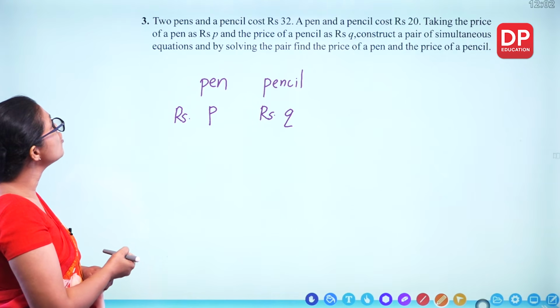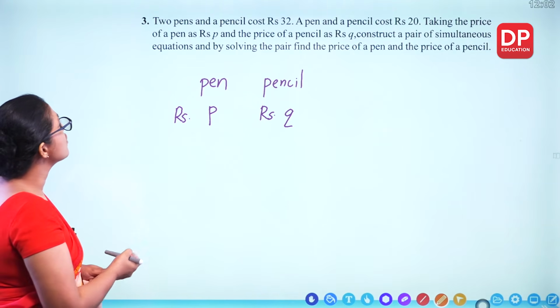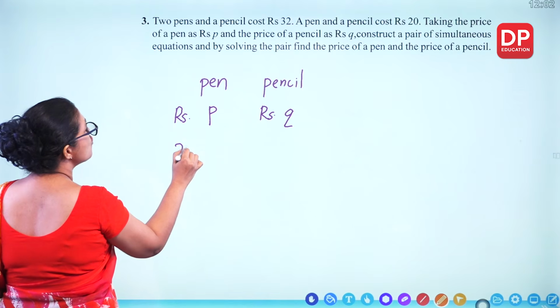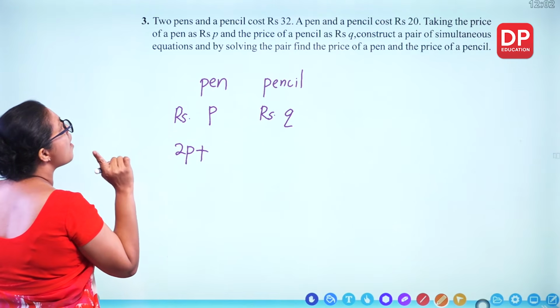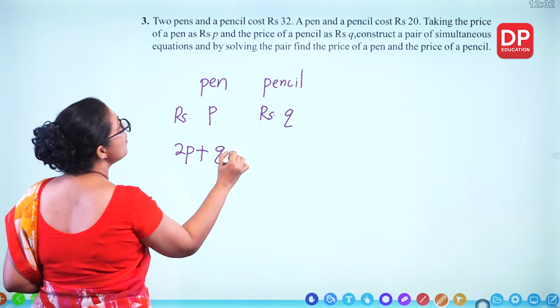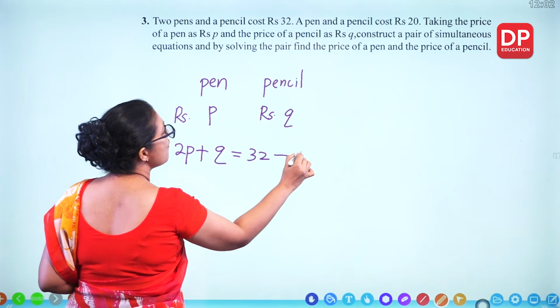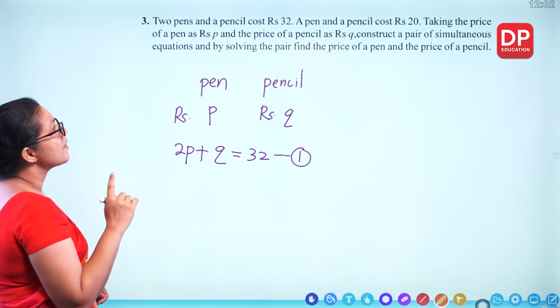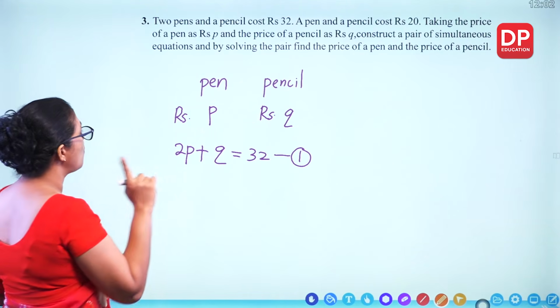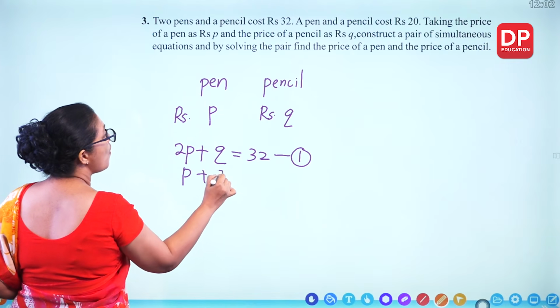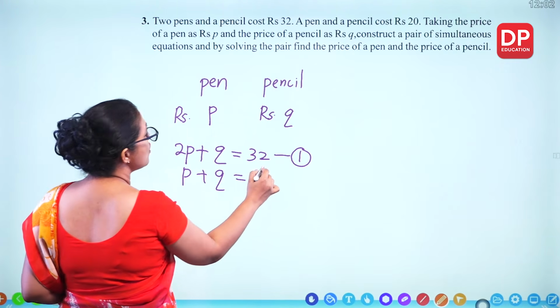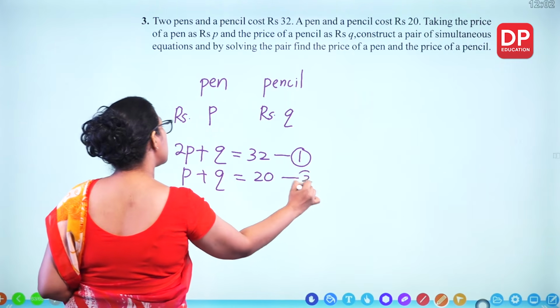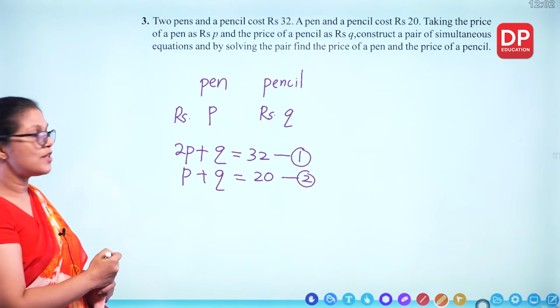So what's the first thing? 2 pens and a pencil cost 32. That means 2p plus q equals 32. That's my first equation. 1 pen and 1 pencil is 20 rupees. That's my second equation.